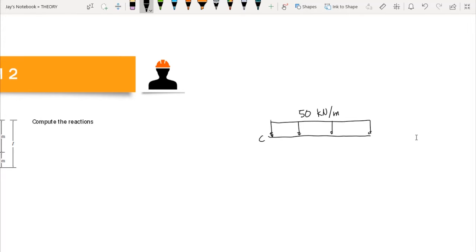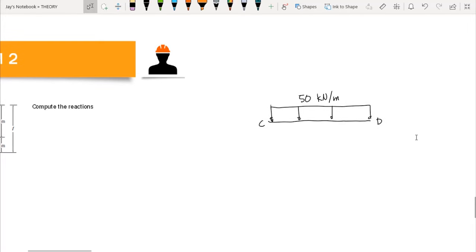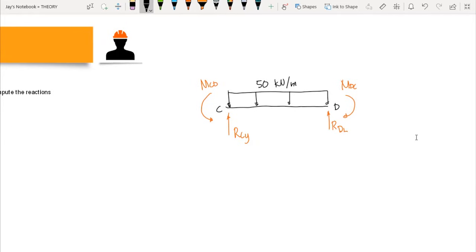This is our C and this is our D. Then we have the reaction CY and the reaction left of D, or RDL. Then we have the moments MCD and MDC. Again, our goal here is to create a slope deflection equation for both members. But MCD is equal to 0 because this is a hinge support.